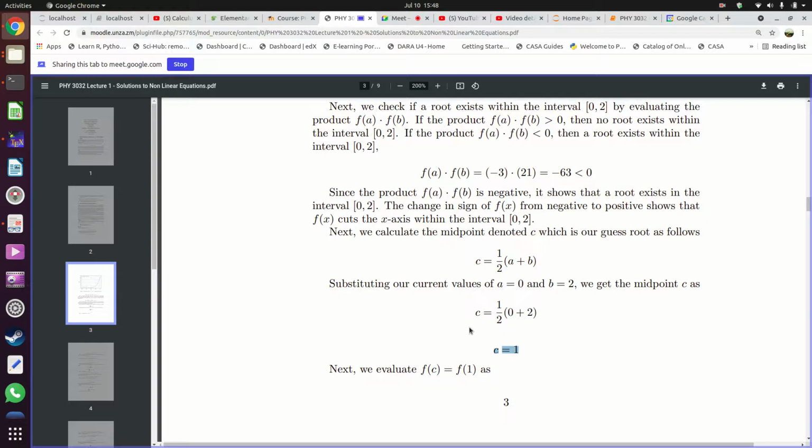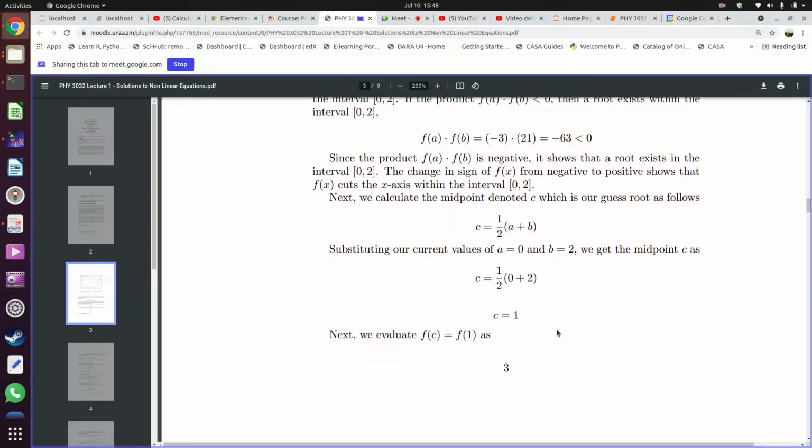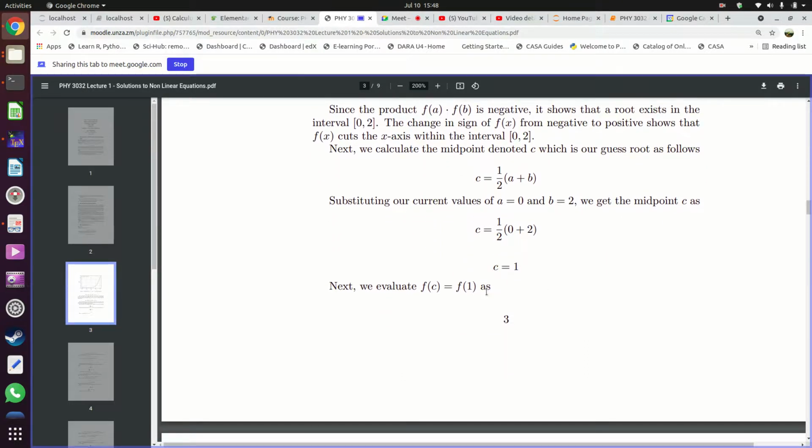After we work out our midpoint, c is equal to 1, the next thing we're going to do is work out the value of the function at c. Are we clear? Yes. So basically we are asking what is the value of the function at 1.